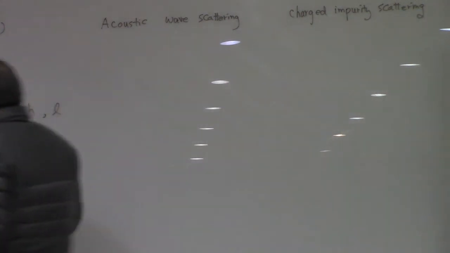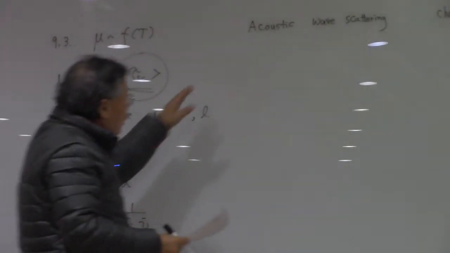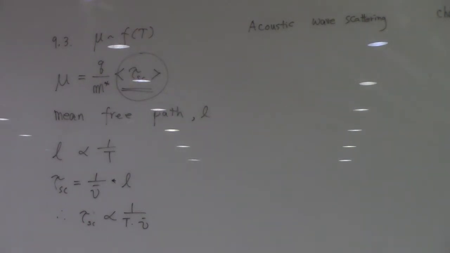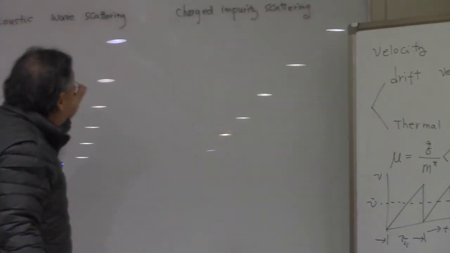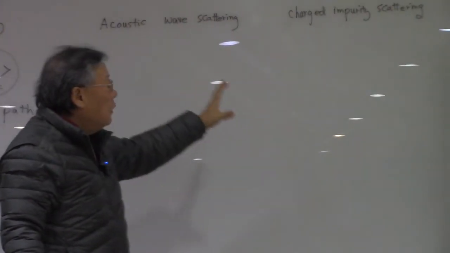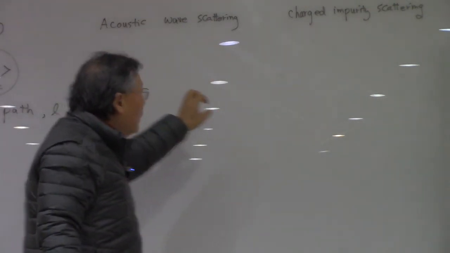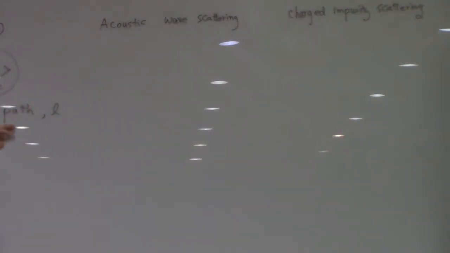We want to analyze this scattering time in these two cases, okay? If you don't have any charged impurities in your materials, then this is not important. But if you have charged impurities in your materials, then both acoustic wave scattering and charged impurity scattering, both phenomena have to be considered, okay?